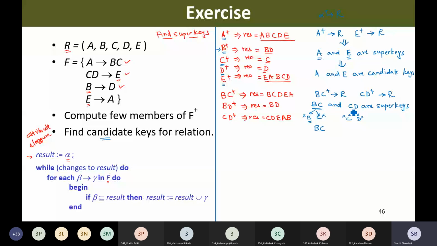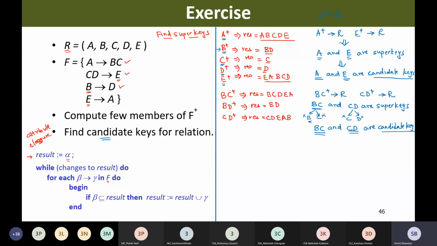As no subset of CD is a super key for R, we may say that CD also is a candidate key. So we have found out two more candidate keys. BC and CD are candidate keys. Correct? So earlier we have found out A and E are candidate keys, and now BC and CD are candidate keys.